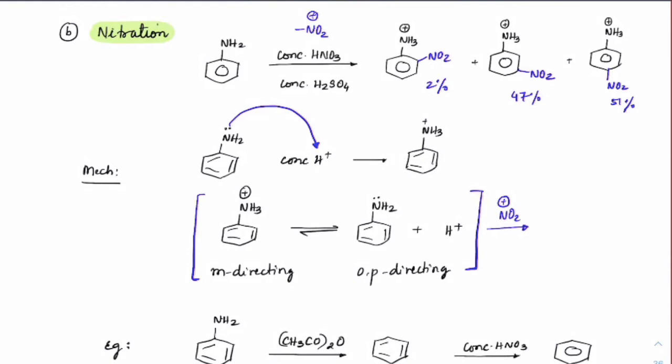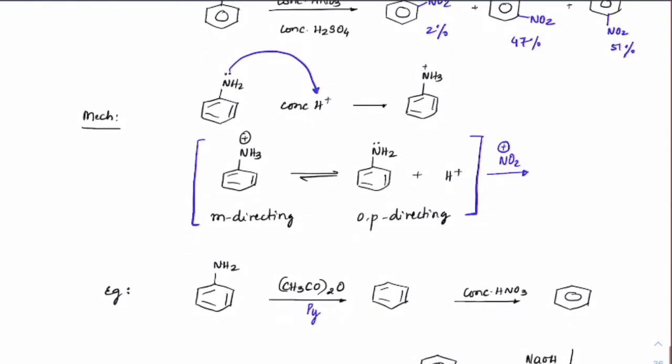What happens in nitration now? See the compound here. First, if you take NH2 and treat with anhydride in the presence of pyridine, what can we expect? The entire idea here is to reduce the activating nature of NH2. So this is acetylation done, and acetanilide is formed.